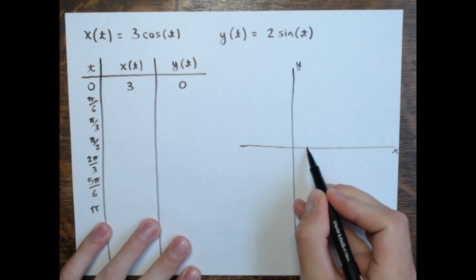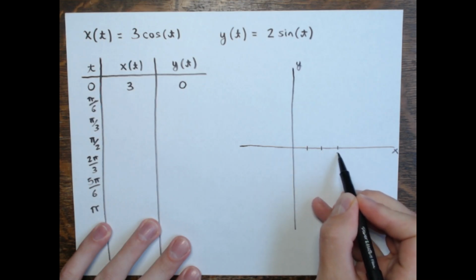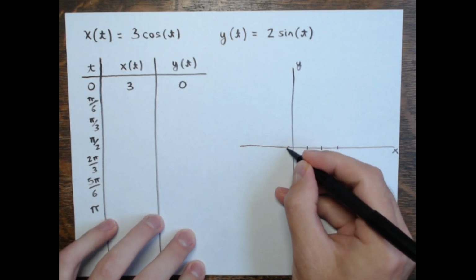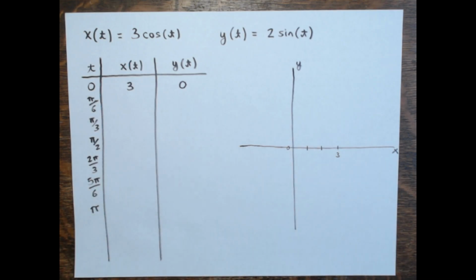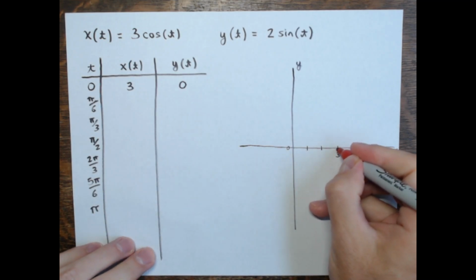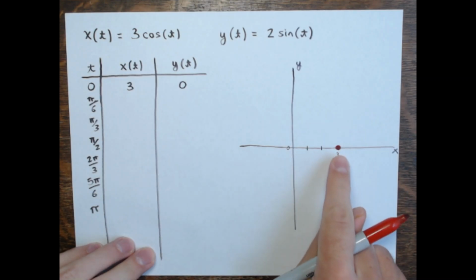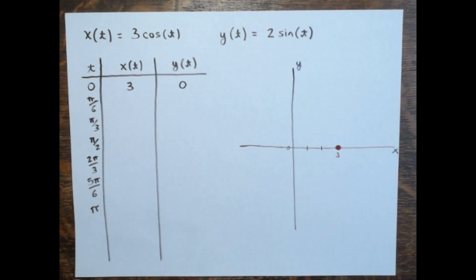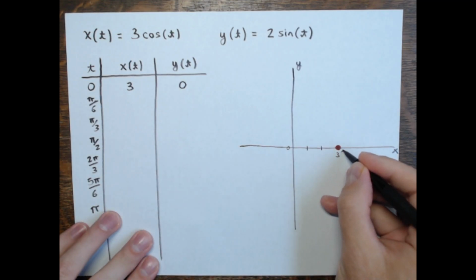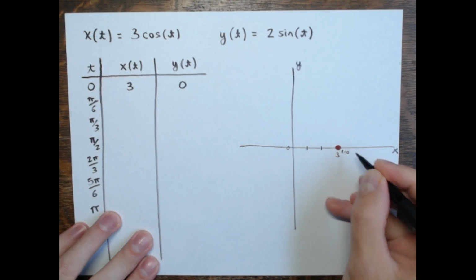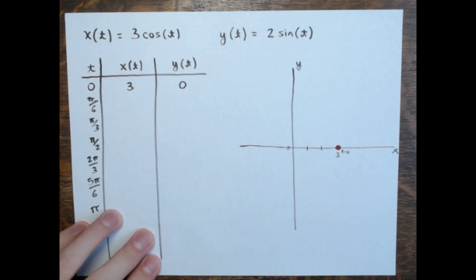So 3 for x, and 0 for y, as you're on the x-axis. And here we go, right? There's the point. I'm not going to label it because I don't want to get this too cluttered, but there's the point, 3 for x, 0 for y. And this is when t equals 0. Maybe I'll put that there. I know that's a little tiny, but that's when t equals 0.